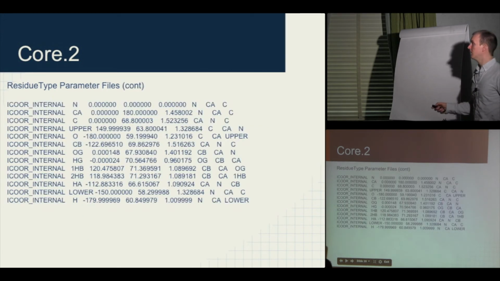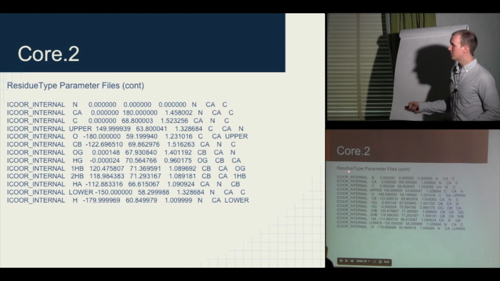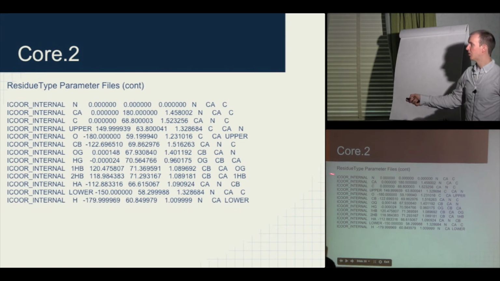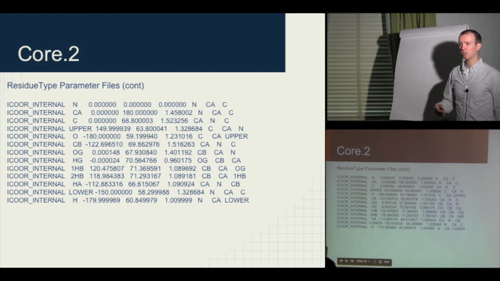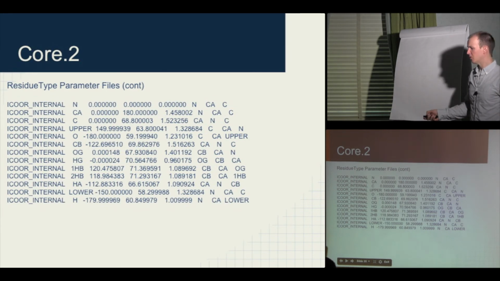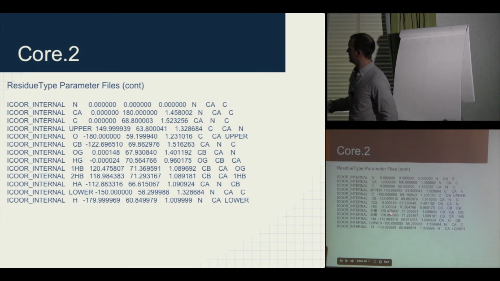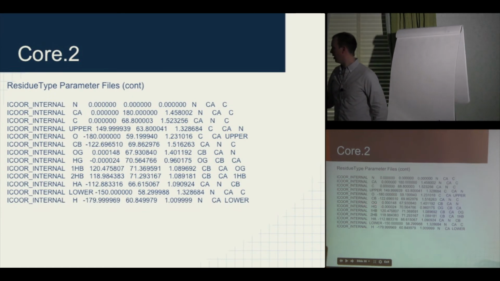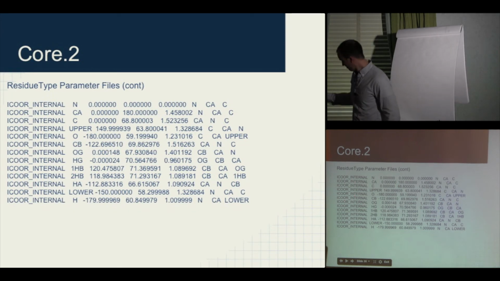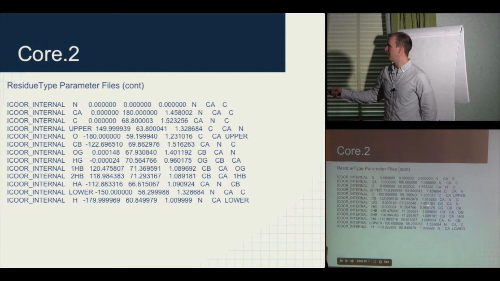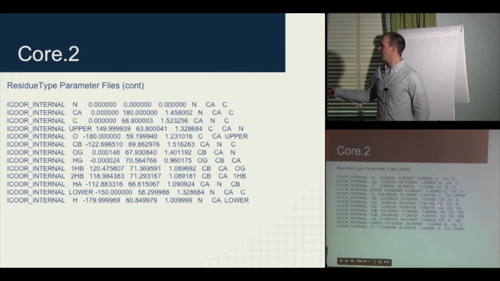Okay, so the residue type parameter files, just as the last thing that's in here, you specify the internal degrees of freedom for each of the atoms. I'm going to highlight two of those atoms. Thanks, Sam. So the first would say the O gamma. You give it 3 floating point numbers and then 3 other atoms.